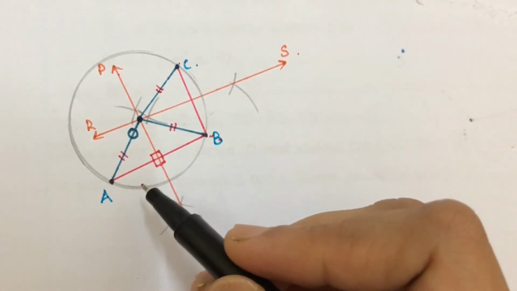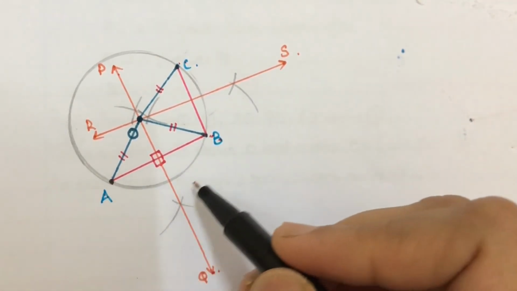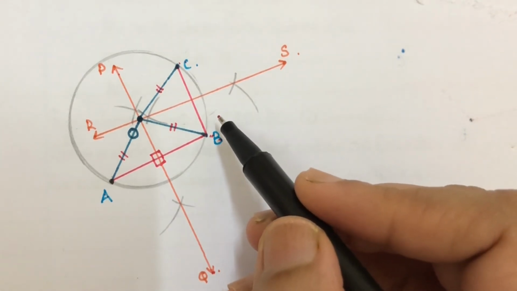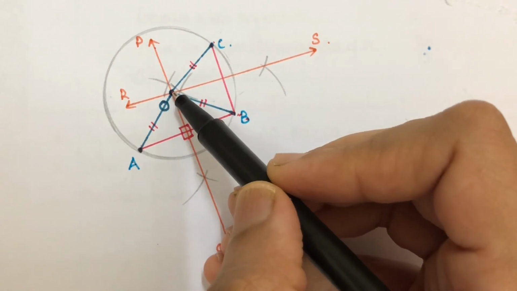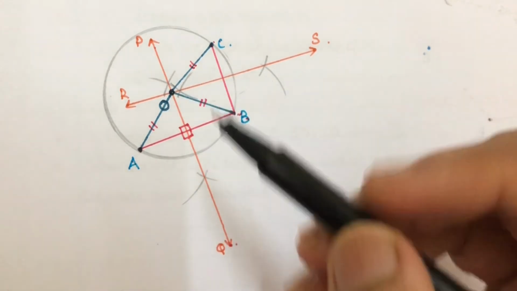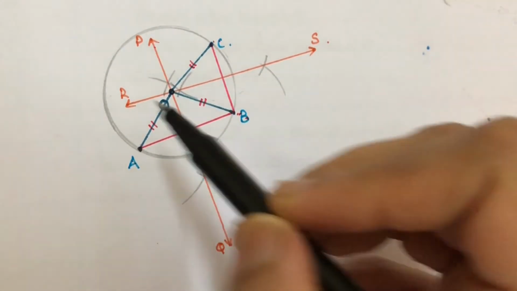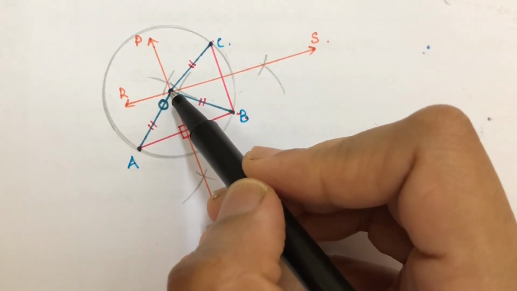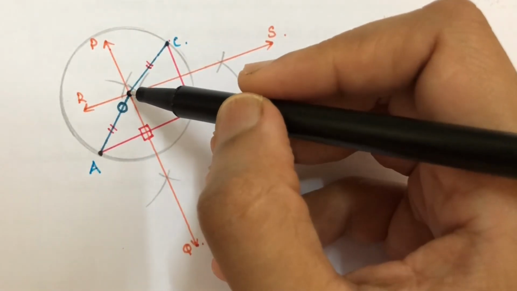Now next step, we can prove that one and only one circle can pass through 3 non-collinear points. For that, what is O? O is the intersecting point of 2 perpendicular bisectors, right? That is PQ and RS, intersecting point of these perpendicular bisectors.